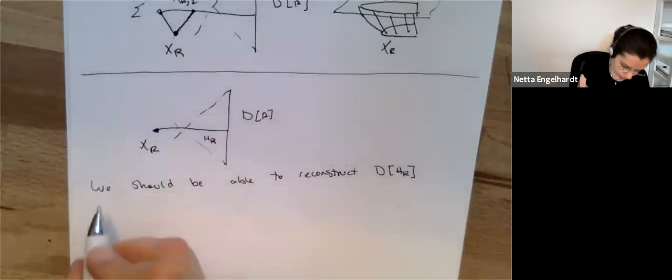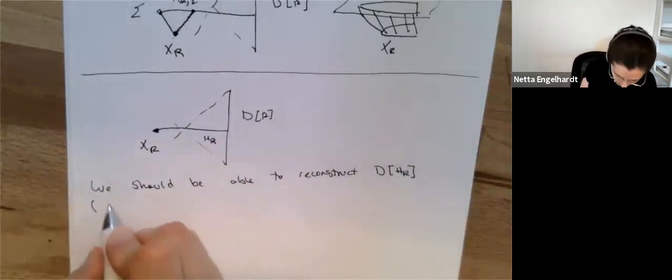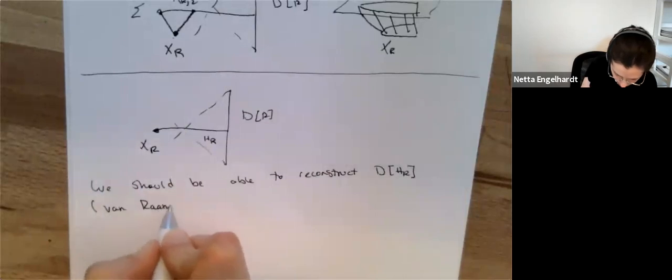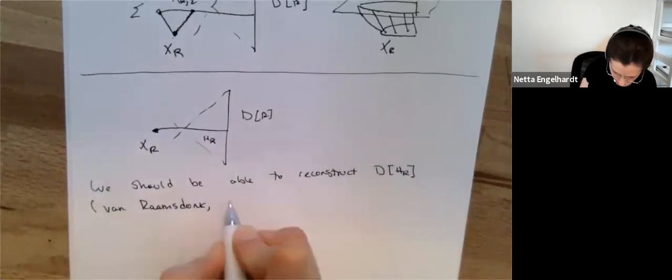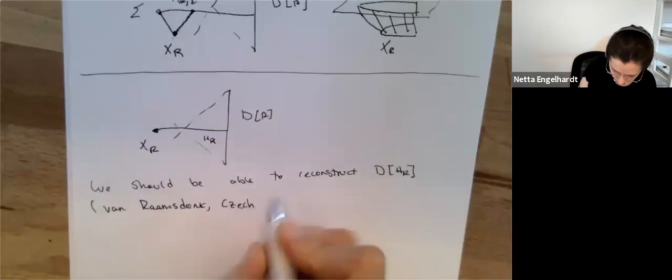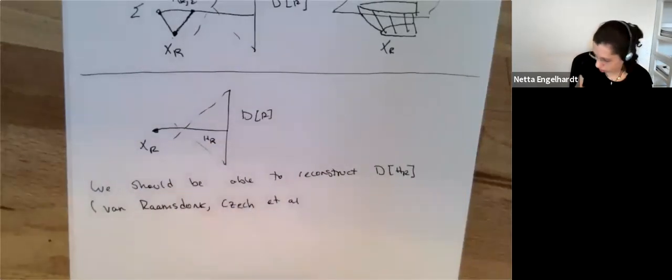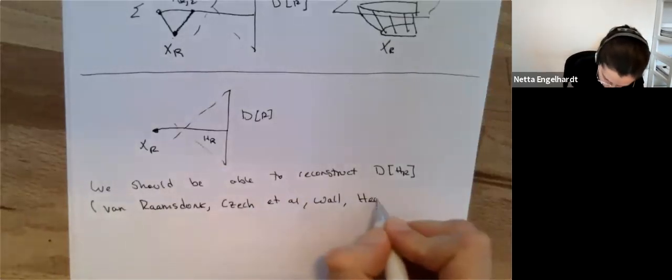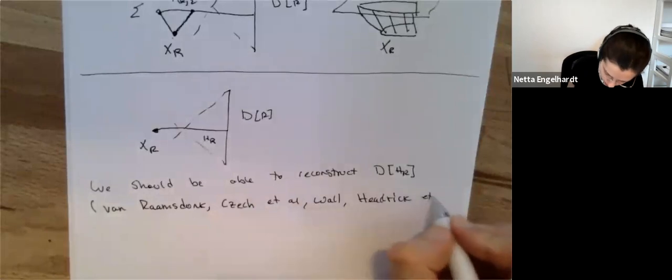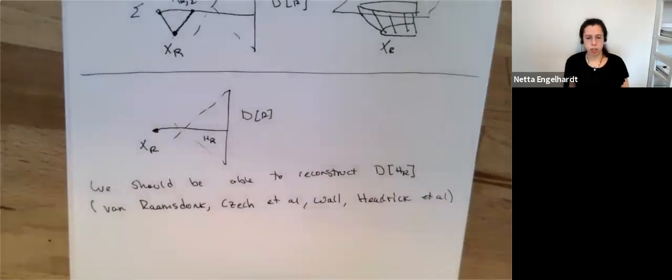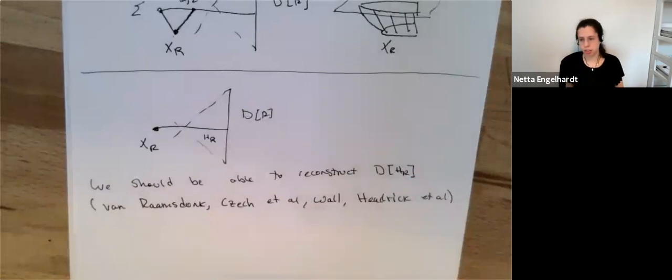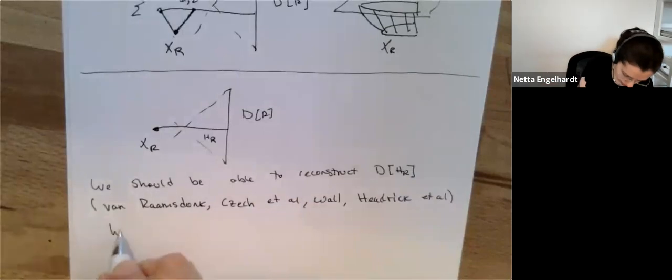This idea was first articulated by Van Raamsdonk. There was a nice paper by Bartek and others, and also by Aron Wall, and it was finally formalized by Headrick, Hubeny, Rangamani, and Lawrence, which is that this region really is the dual to D of H_R. I'll say more about what we mean by that in a moment. But fortunately, we now have a name for it, thanks to these folks: the entanglement wedge.